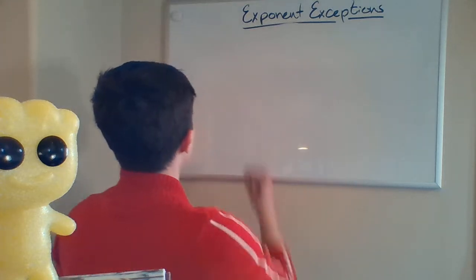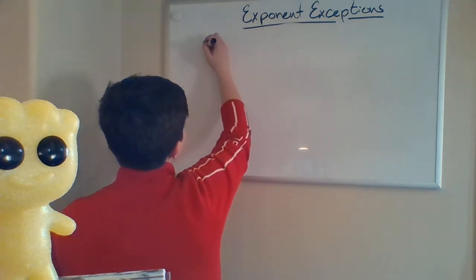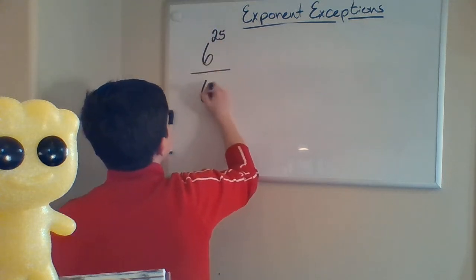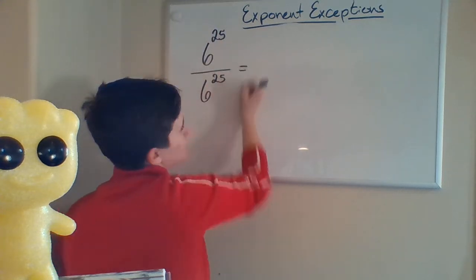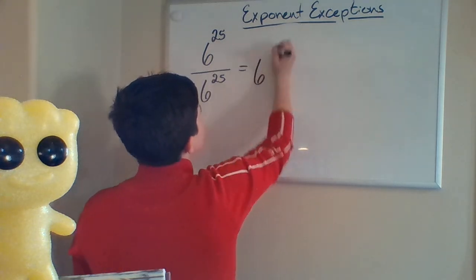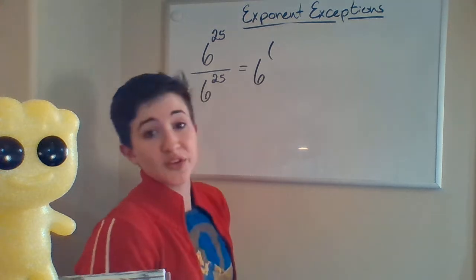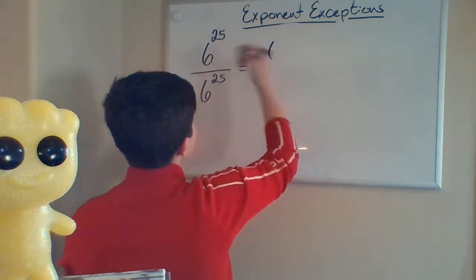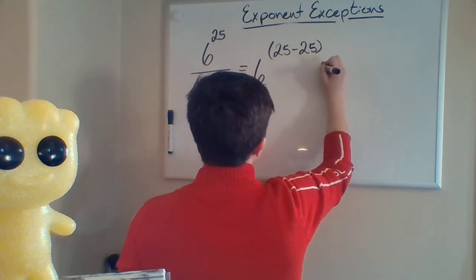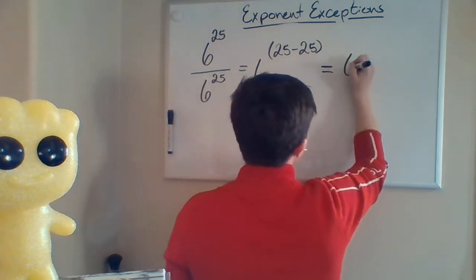Okay. Let's do 6 to the 25th power over 6 to the 25th power. I don't want to write that out. Do you want to write that out? So what we do is the cheat way. We do 25 minus 25, which equals 6 to the 0th power.